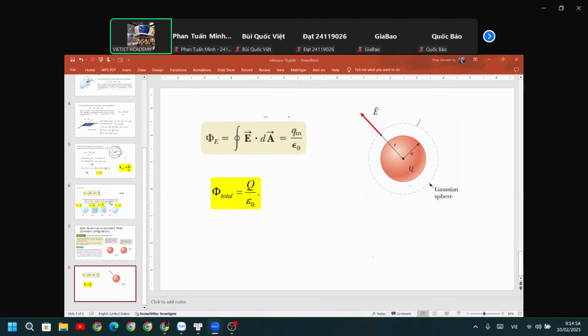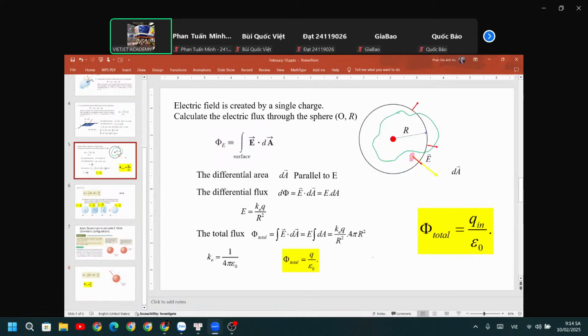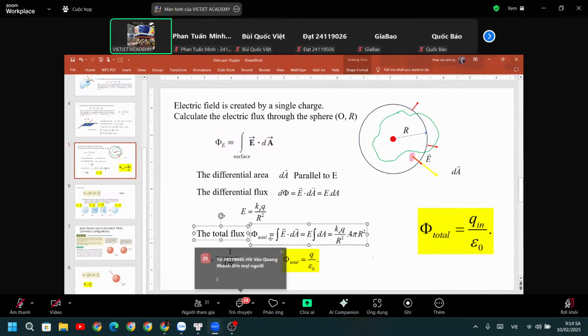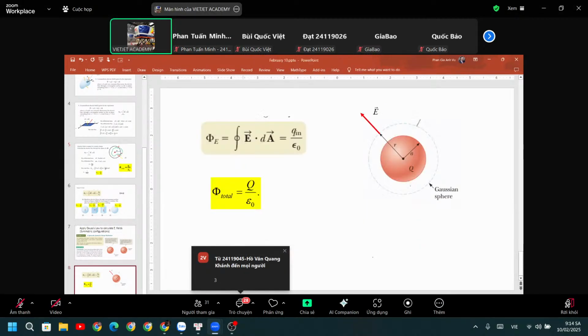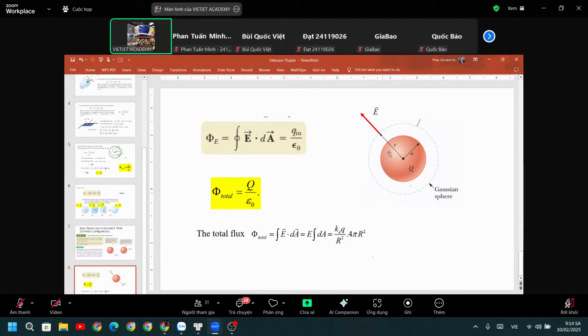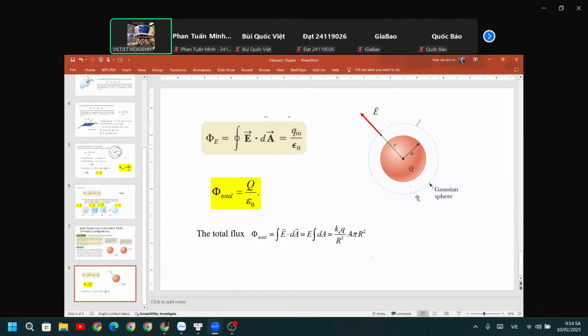Okay, now, what is the flux from the calculation, right? The total flux must be phi total equal to EdA, but you can see that because you have the same distance for every point on the Gaussian sphere here, right?